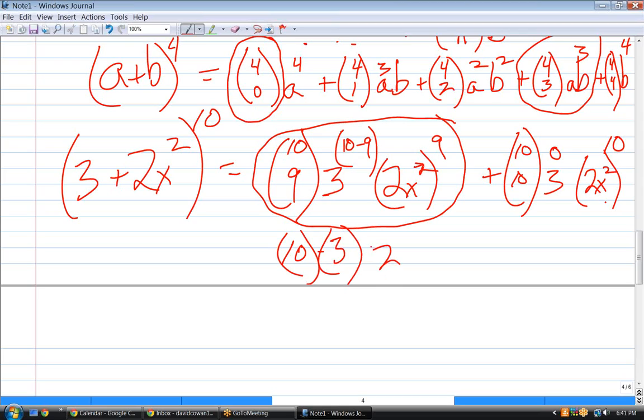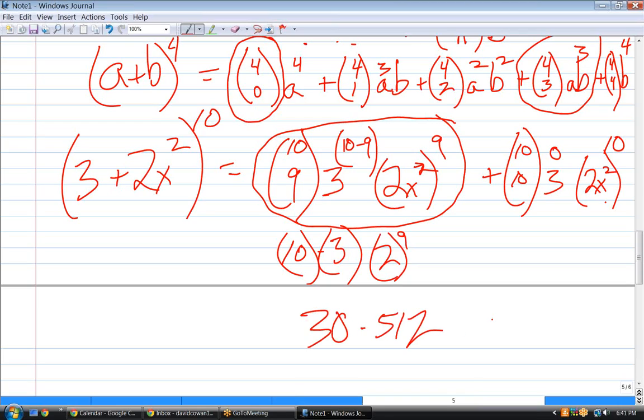That's 2 to the 9th, right? There's your coefficient, 30 times 2 to the 9th, which I believe is 512. So your coefficient would be 15,360. That should be the answer, I think.